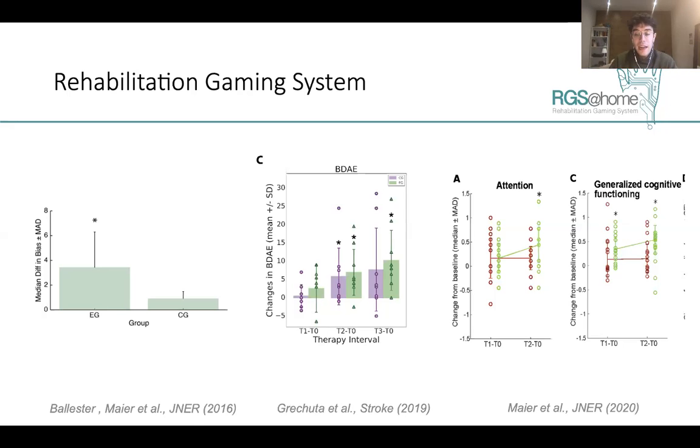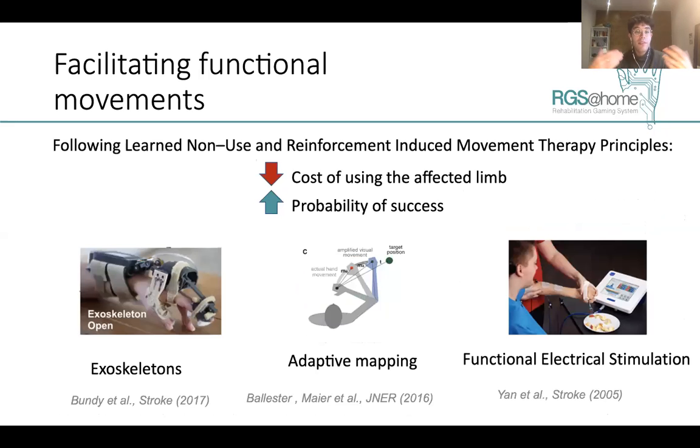But there are a lot of other options that these digital technologies are providing. For instance, in facilitating functional movements, we can see studies, and all of them follow these principles of reducing the cost of using the affected limb and increasing its probability of success. For instance, through exoskeletons, we see recent studies that use brain-computer interfaces, controlled through the intentions of the users or of the patients to facilitate the movement of their upper extremities or lower extremities.